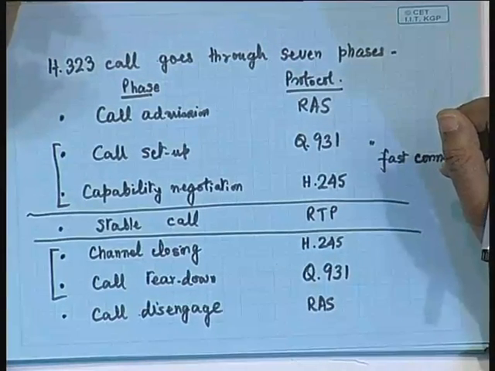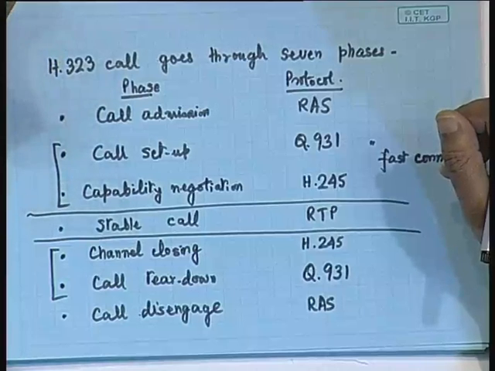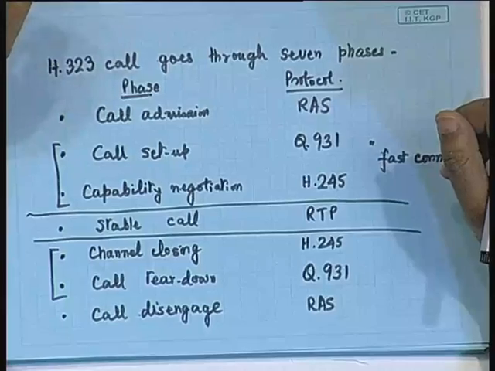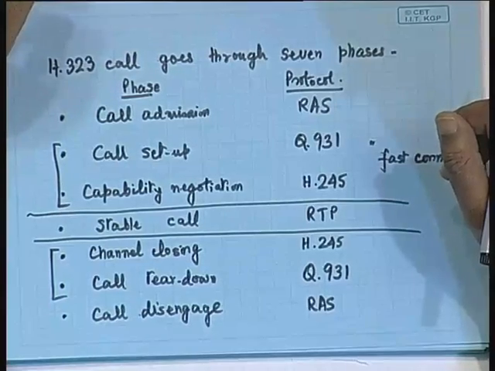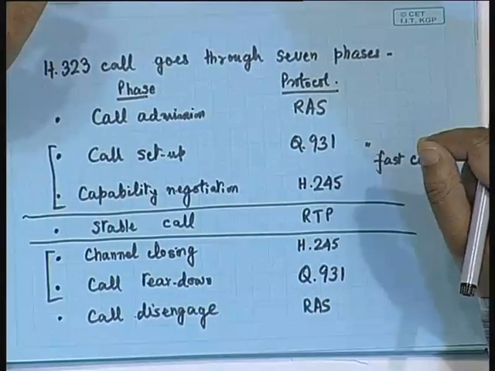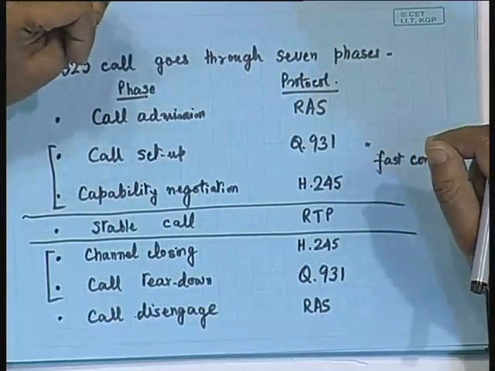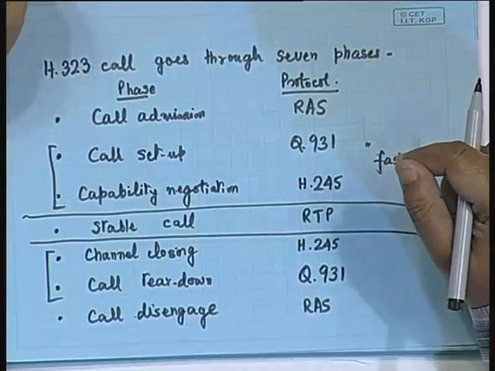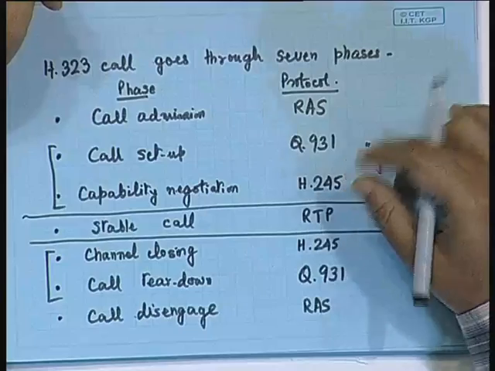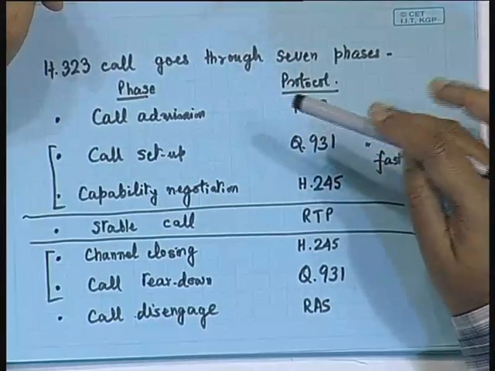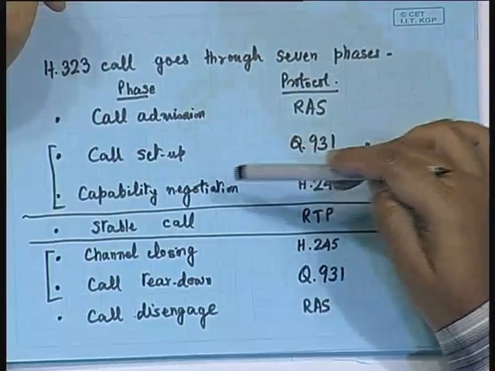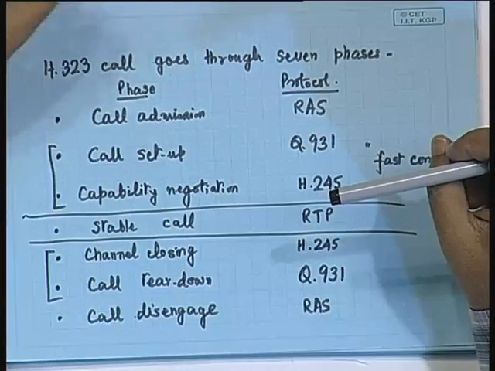Now, it appears that the protocol would involve some amount of time to go through these 7 phases. So, the protocol would make the process slower, but there are some shortcuts available, one of which I was trying to mention in the last lecture: there is also a fast connect possibility where the call setup and the capability negotiation could be integrated.